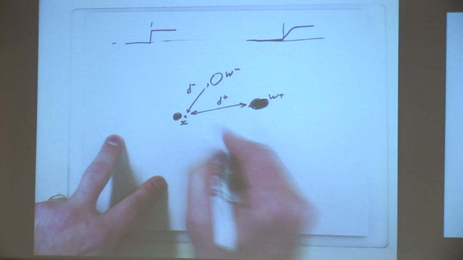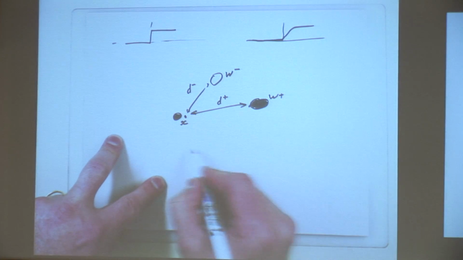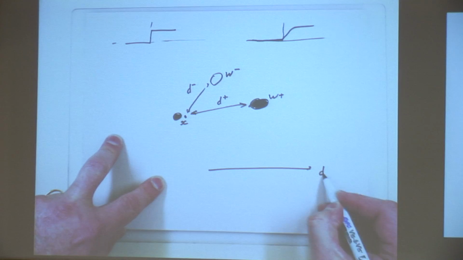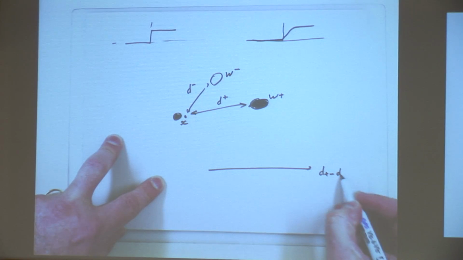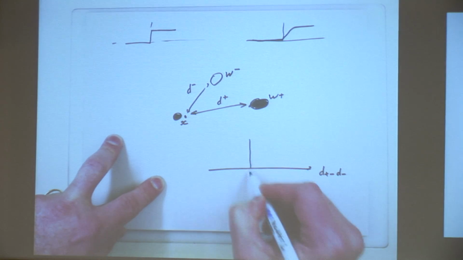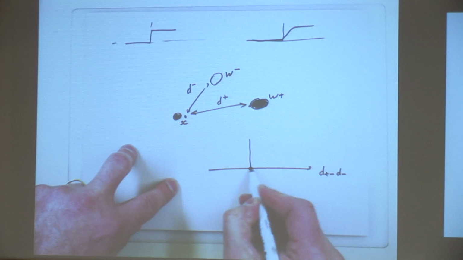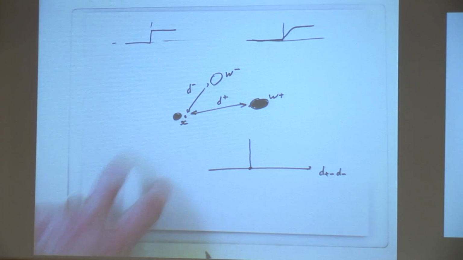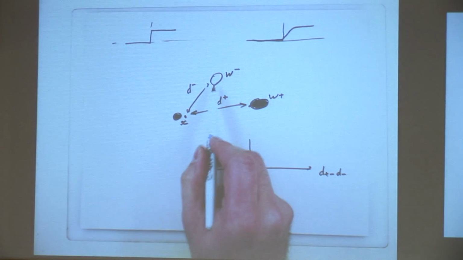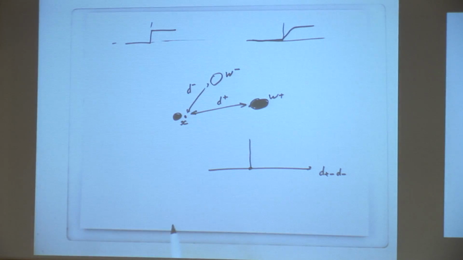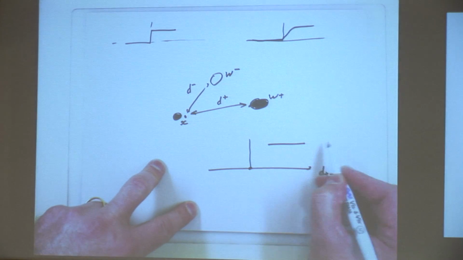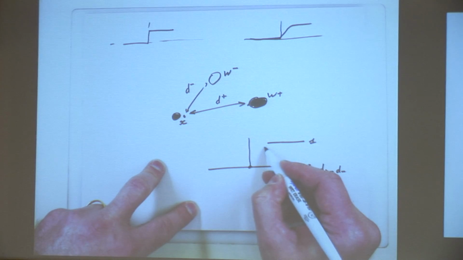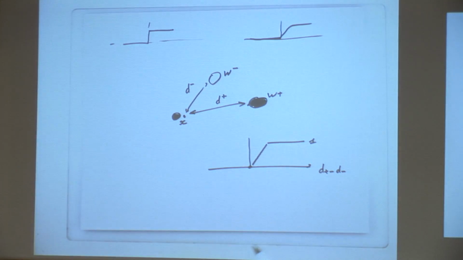Look at what's happening if you consider D plus minus D minus. If they're equal, you don't do anything. If they're different, that means that the closest centroid doesn't have the right class. So when they're too different, you're going to say it costs 1. And in between, you're going to put a kind of ramp.